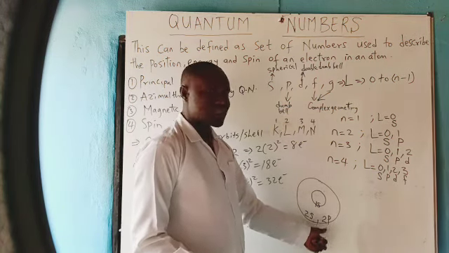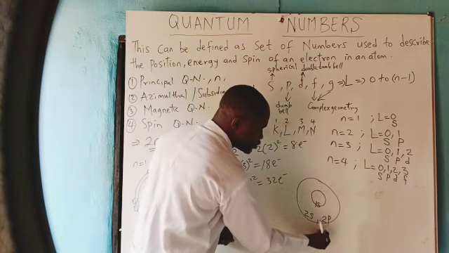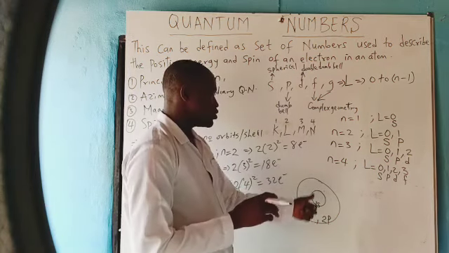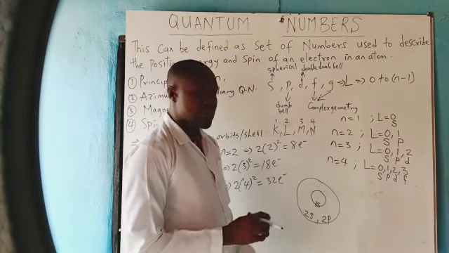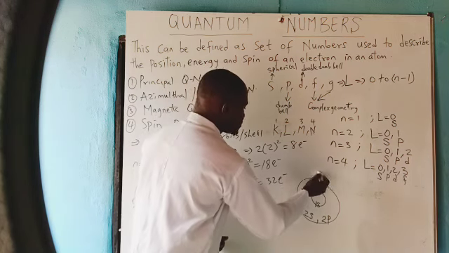That is what is located there. That means this is a subshell in the shell you are talking about. In the second shell, this is a subshell, and this is a subshell. You go to this third one.